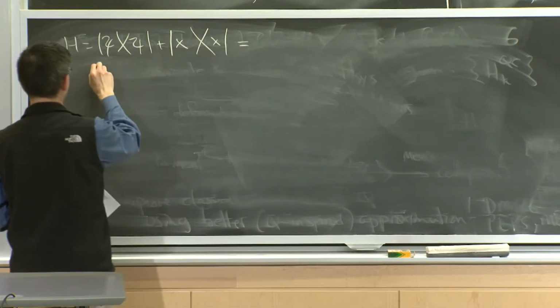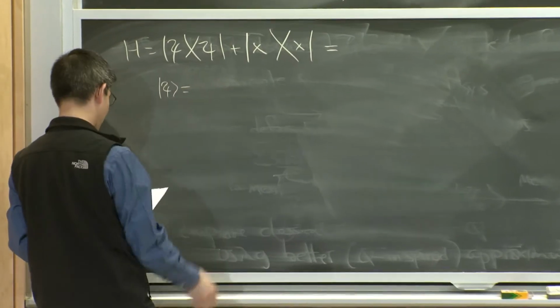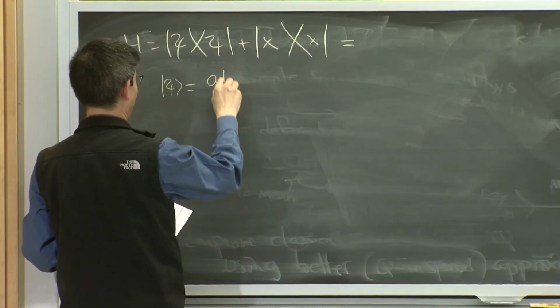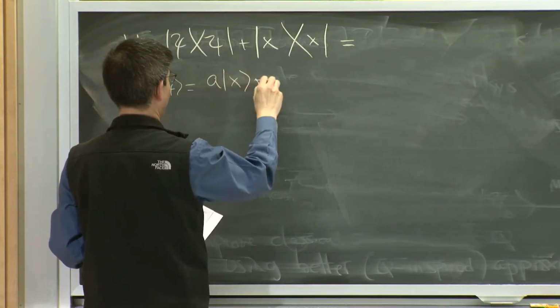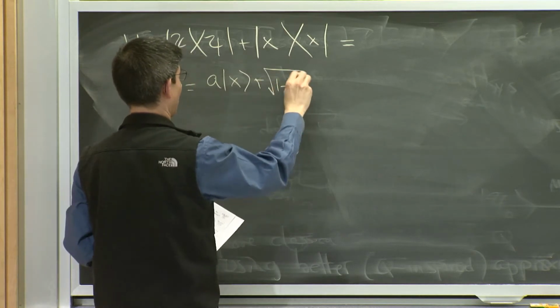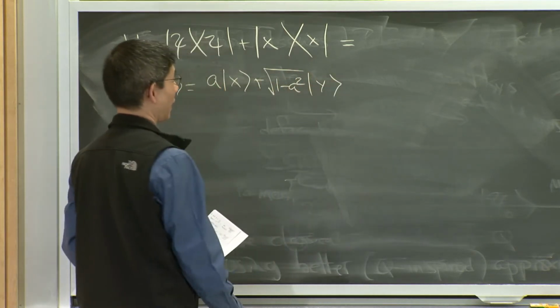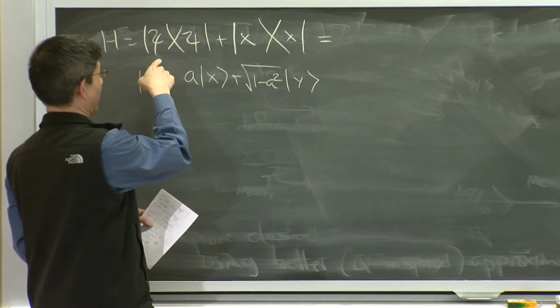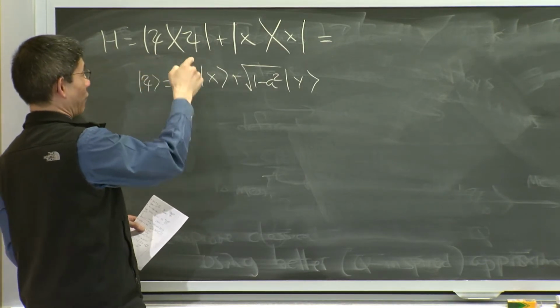So remember, psi is now going to be a superposition, which is a x plus square root of 1 minus a squared times y. And therefore, we can write this column vector and row vector.